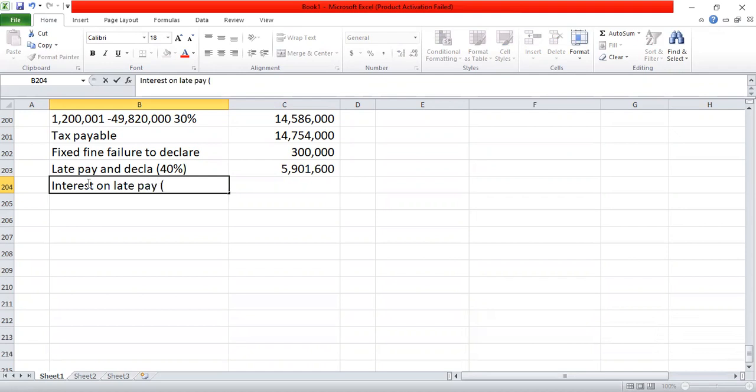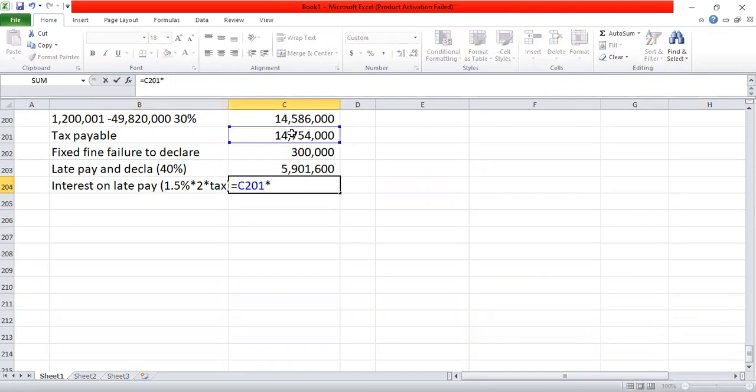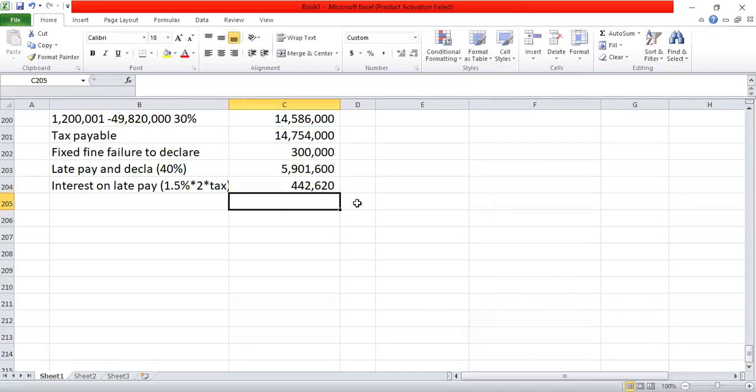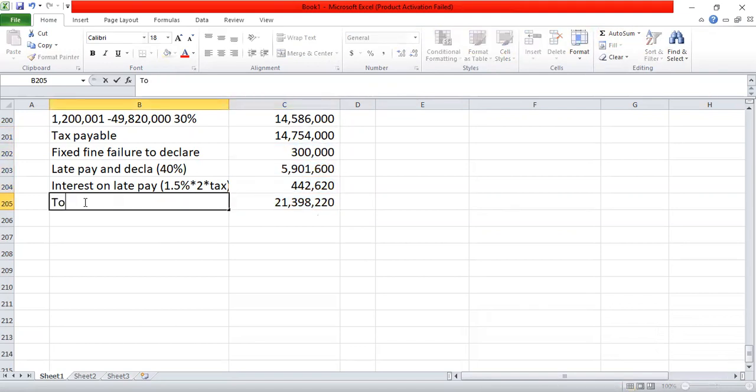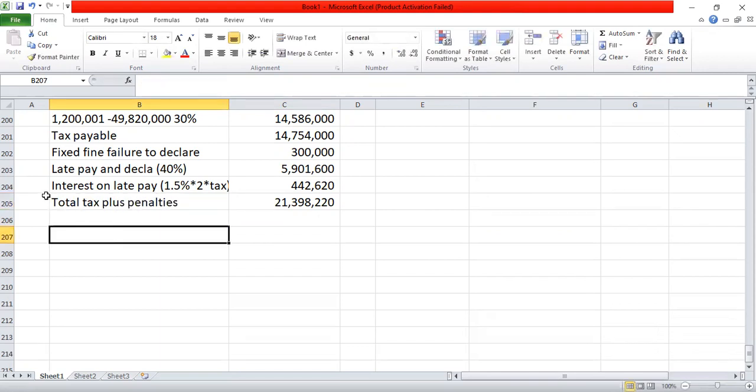There are 2 months, so it will be 1.5% times 2 times the tax. So we are getting our principal tax times 1.5% times the 2 months delayed. That's the interest. So the total tax plus penalty is this.